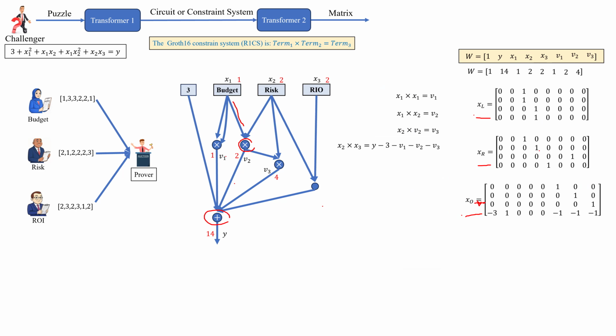So first we want to check the left input of gate 4, right? So what is the left input of gate 4? So we want to follow the constraints, right? Because this is the definition of gate number 4.